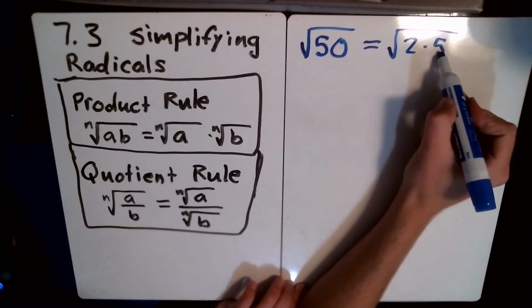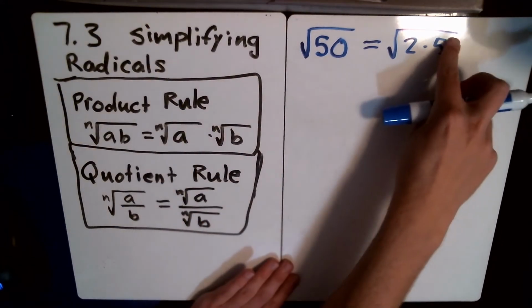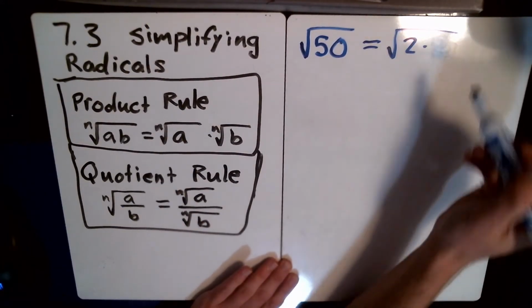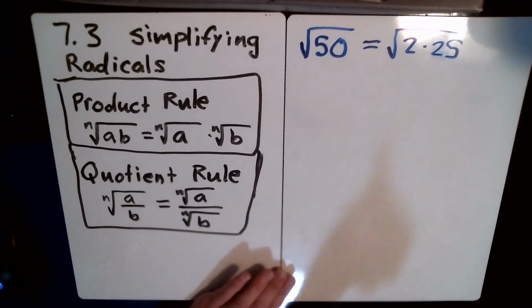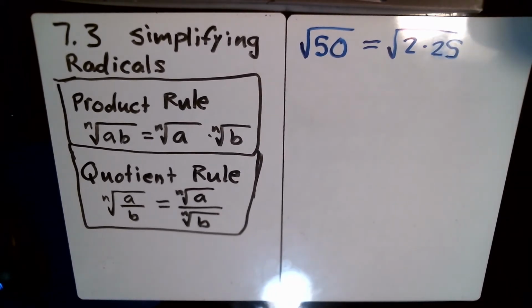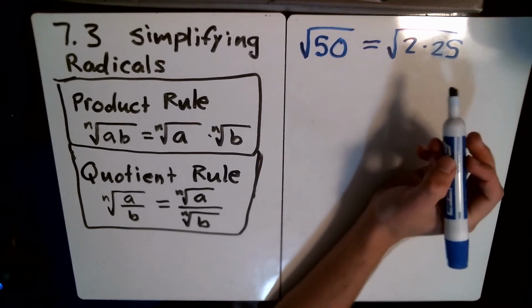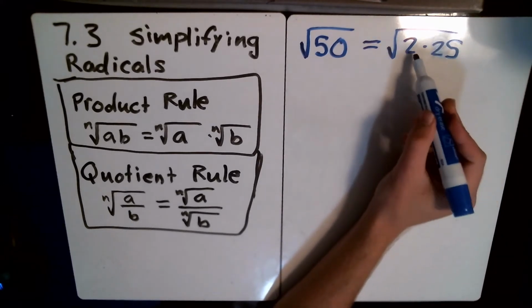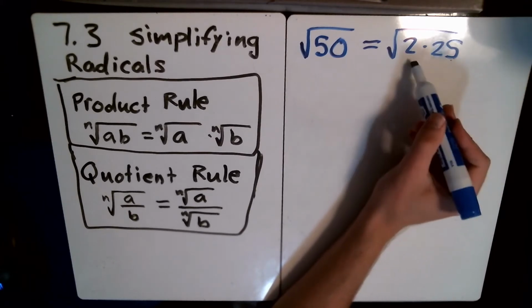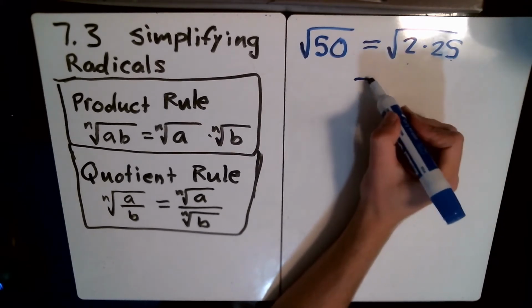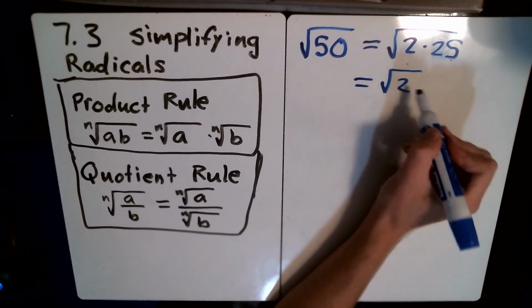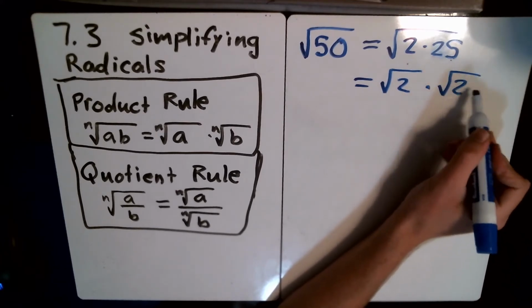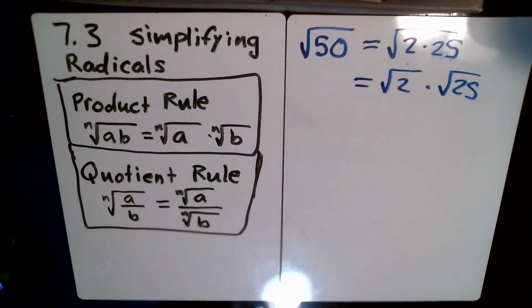So I've got like 2 times, sorry about that, made a mistake. 2 times 25 is 50, right? And so what I could do here is using my product rule. I know when I have a square root of 2 numbers times each other, you can split it into 2 pieces, right? The square root of 2 times the square root of 25.